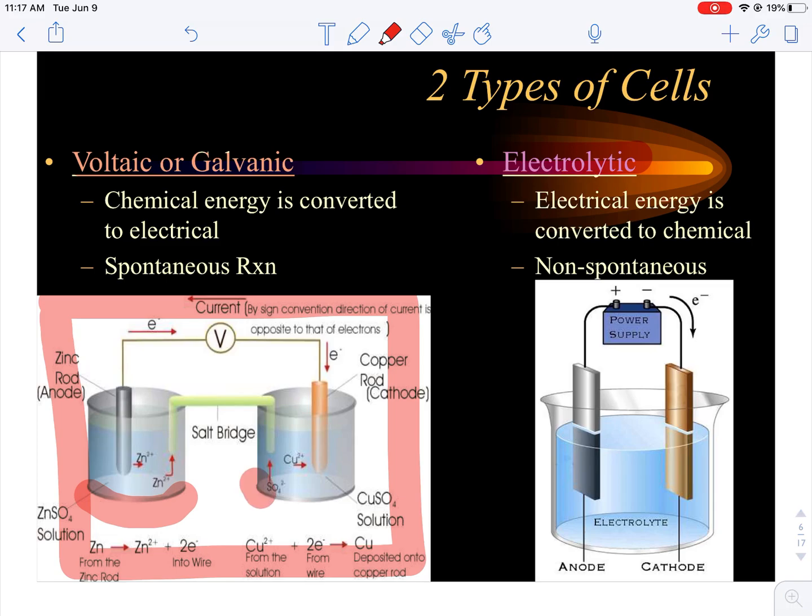In one beaker, we'll have the oxidation reaction, and in the other beaker, we'll have the reduction reaction. And this is the one that's spontaneous. This is the one that is just naturally going to happen. And since it's a spontaneous reaction, just like we wrote down in our opening slide, the chemical energy or the chemical reaction will produce the electrical energy or electricity.